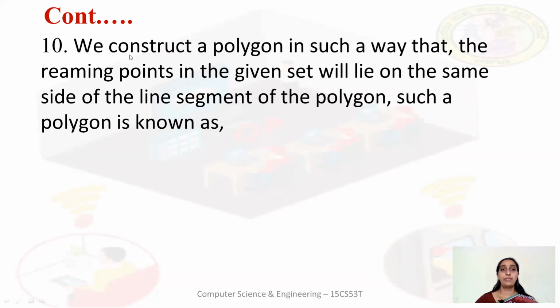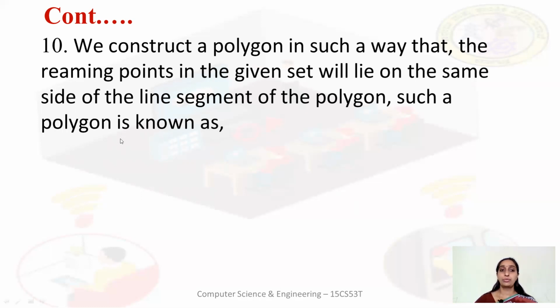Next question. We construct a polygon in such a way that the remaining points in the given set will lie on the same side of the line segment of the polygon. Such a polygon is known as. So we construct the polygon in such a way that, for any line segment we take, all the remaining points will lie on the same side of the polygon.